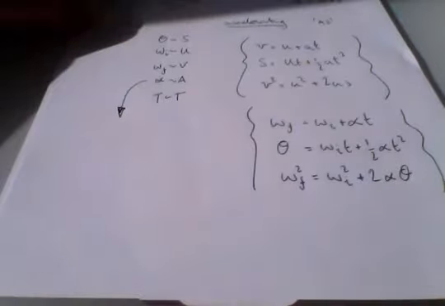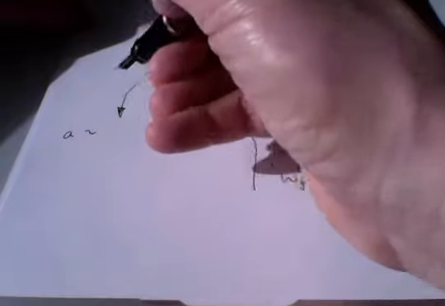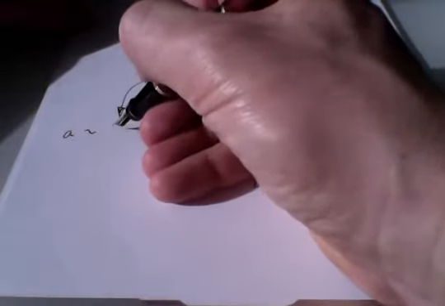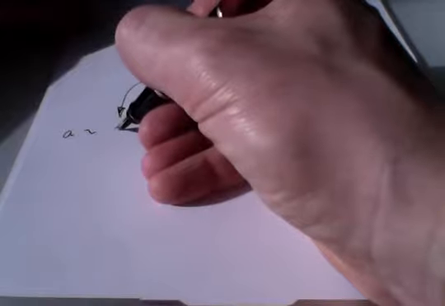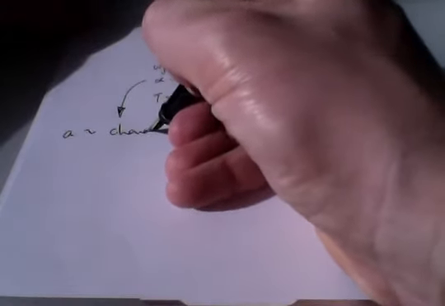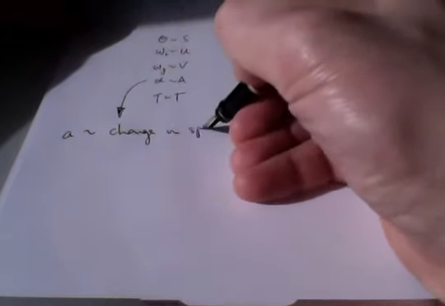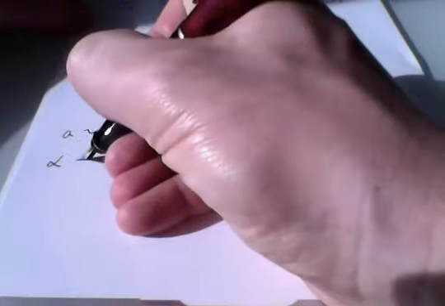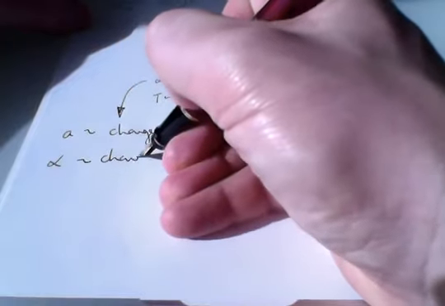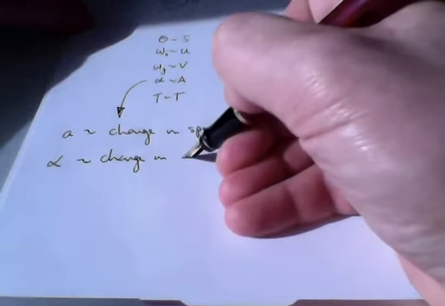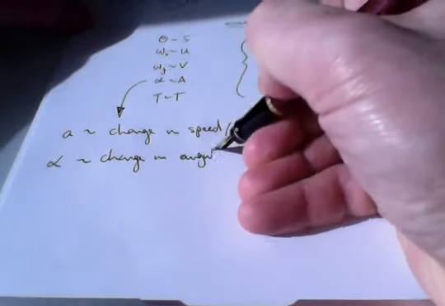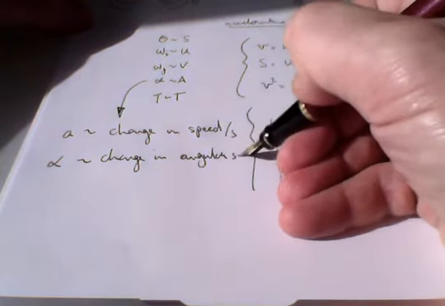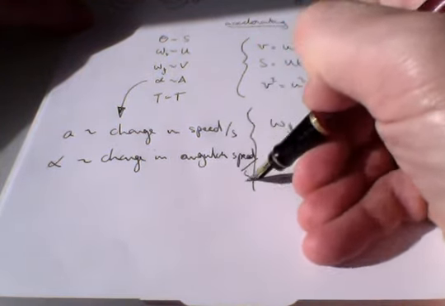Okay, if acceleration defines the speed increase or decrease per second, or the change in speed per second, then alpha surely defines the change in angular speed per second.